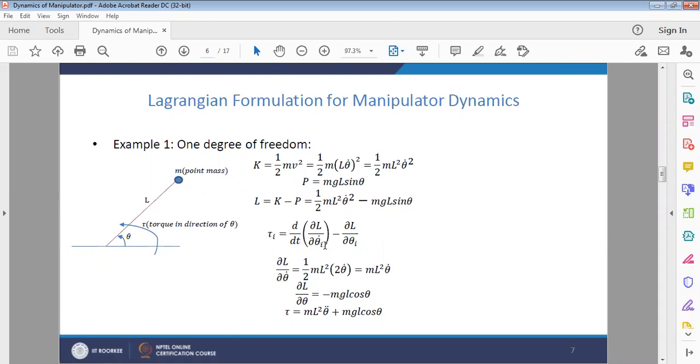Finally we got the torque function: tau is equal to m L square theta double dot plus m g l cos theta, where theta double dot is the angular acceleration and theta is the angular displacement.